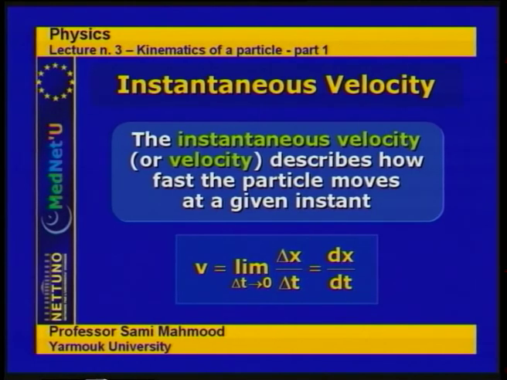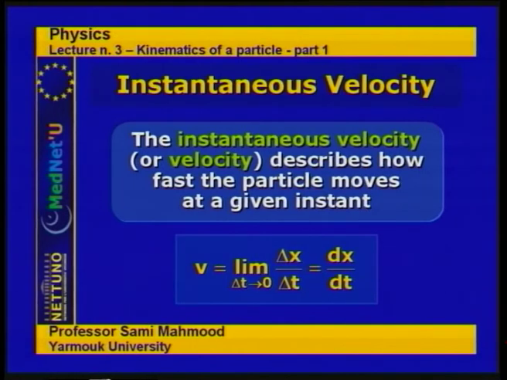That means the instantaneous velocity of a particle can be calculated directly if we know how the position of the particle changes with time.